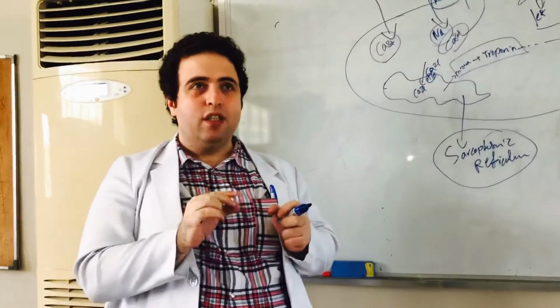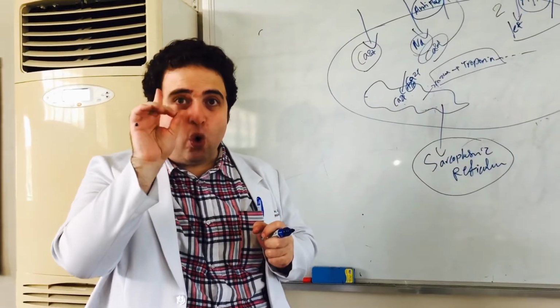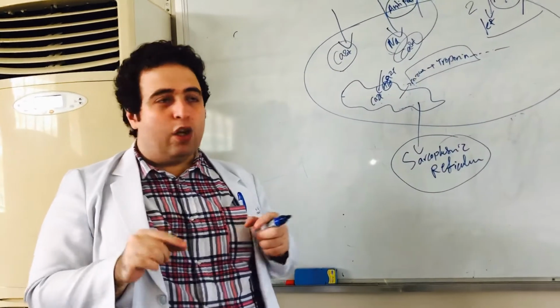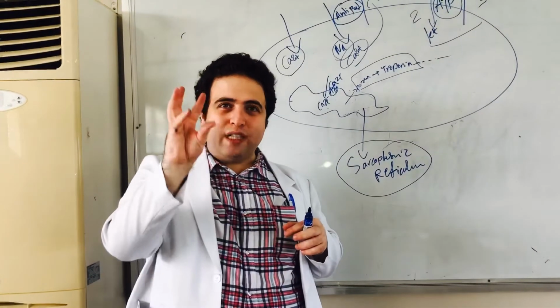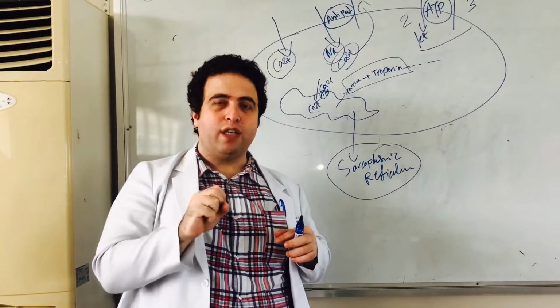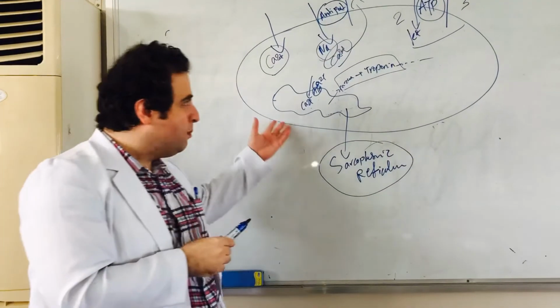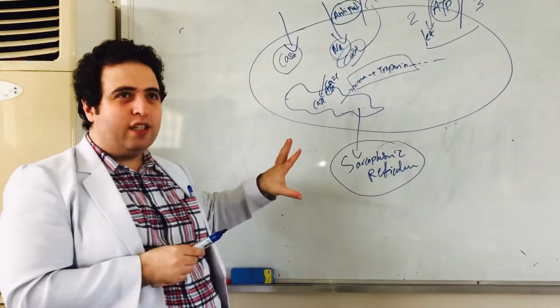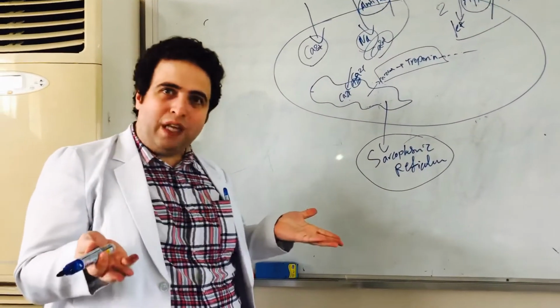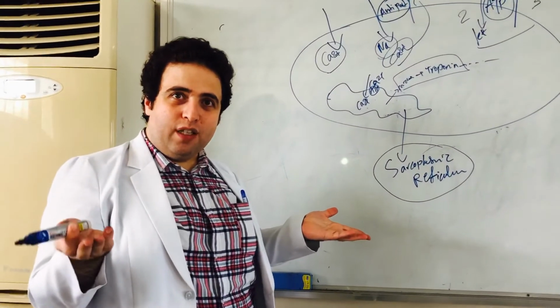What happened? The first thing that comes to your mind is oxygen. The oxygen supply decreased to that part or portion of the cardiac myocyte. Let's see, this is that portion of the cardiac myocyte. So when there is low oxygen, there is low blood flow. Do you agree? Okay.